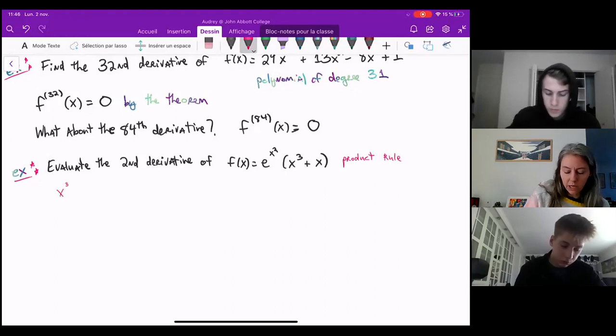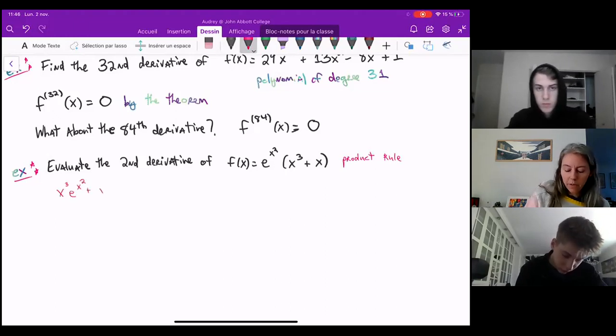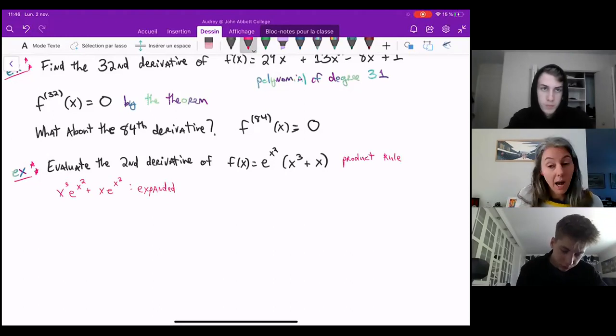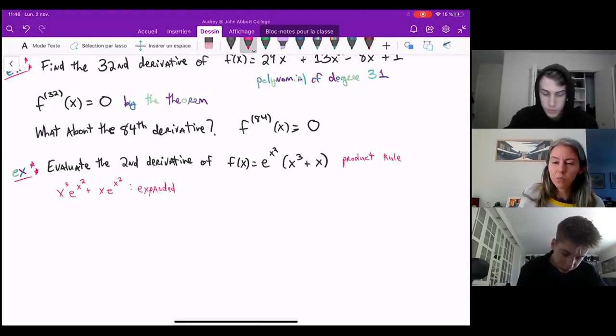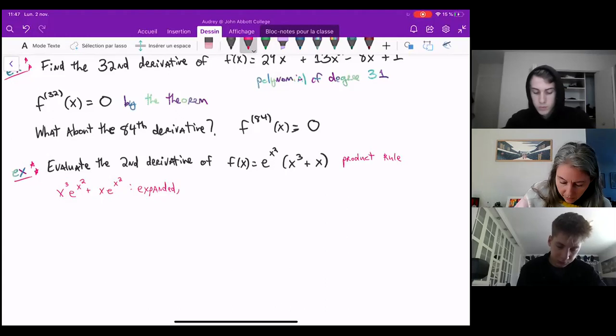So I'll have x cubed e to the x squared plus x e to the x squared. We have 2 products right now. Now I have 2 product rules. So in this case, does it make sense to expand or to just do the product rule? Just do the product rule, because expanding results in 2 product rules.